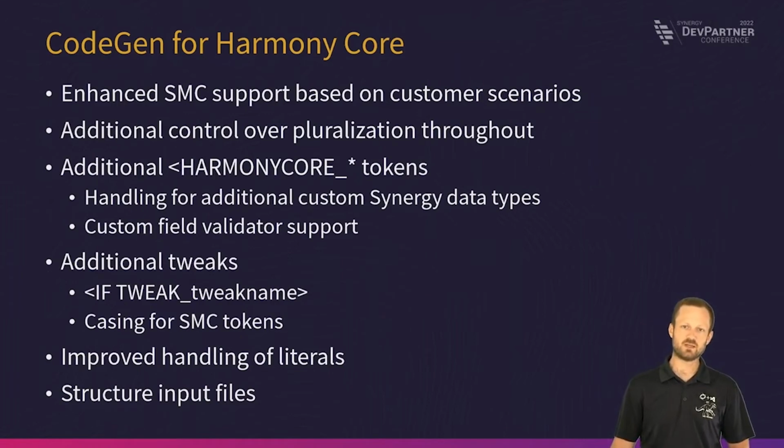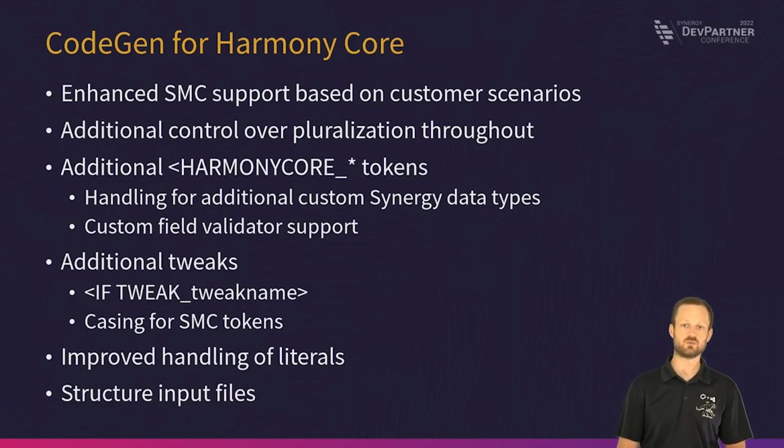The final big ticket item in CodeGen is structure input files. Structure input files are really just a JSON file that lets you specify a list of structures and some options, but it's kind of a game changer if you're in an environment where you have 2,000 plus structures that need to be code generated, and trying to manage all of that as a space delimited list inside of something like regen.bat was very, very difficult.